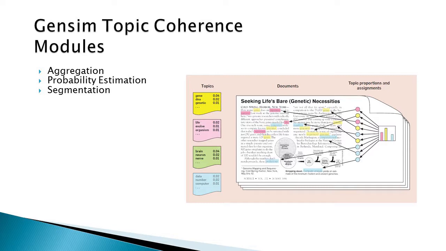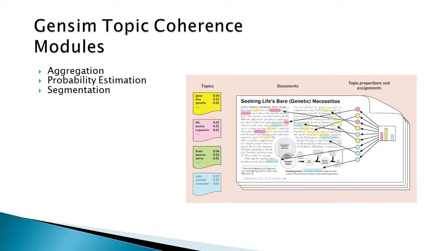The function p_boolean_sliding_window performs the Boolean sliding window estimation, which determines the word frequency using a sliding window. The window scans over the documents with one word token per step, and each step has a new virtual document by copying the content of the window.